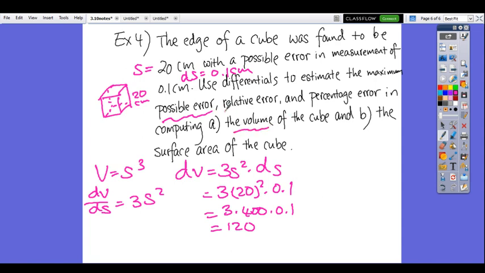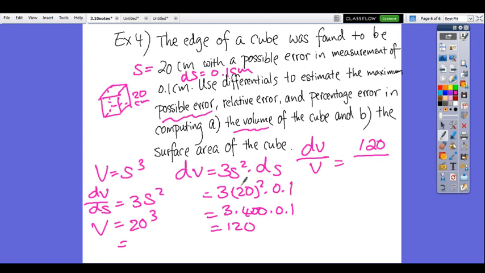Now, what about the relative error? The relative error is dV over V. The difference of the volume is 120, over the original volume. Well, actually, it's not 3 times 20 squared. The original volume is 20 to the power of 3, because the one I was using there is just the differential.